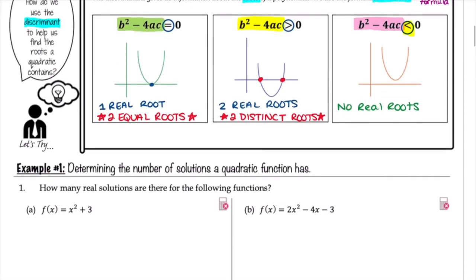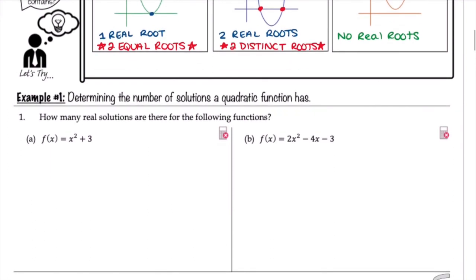Let's take a look at our first example. We have determining the number of solutions a quadratic function has. How many real solutions are there for the following functions? We have a, which is f of x is equal to x squared plus 3. What we are going to identify are our a value, b value, and c value.